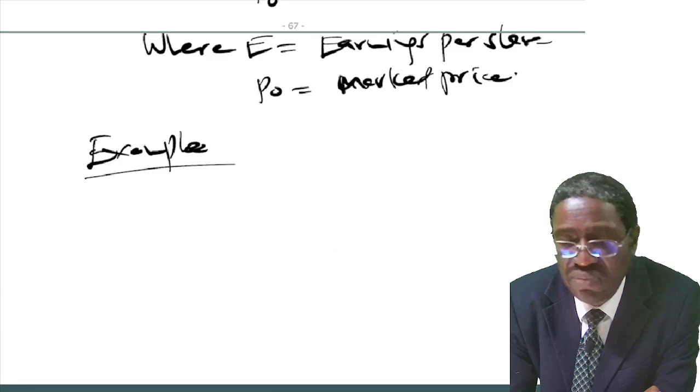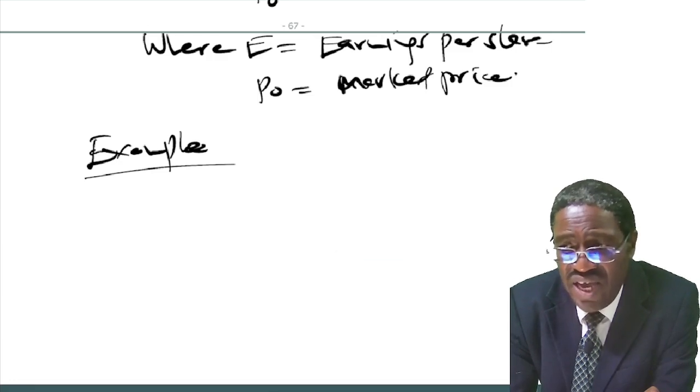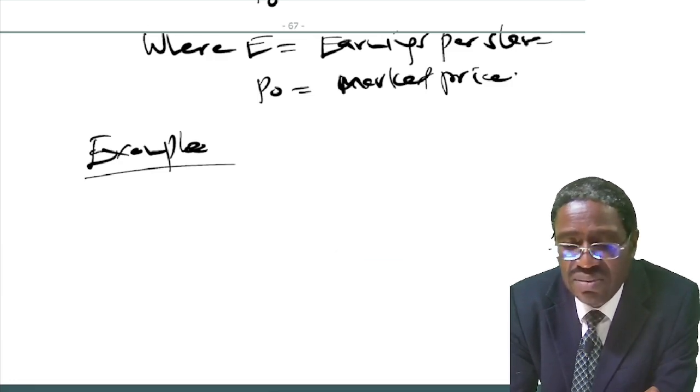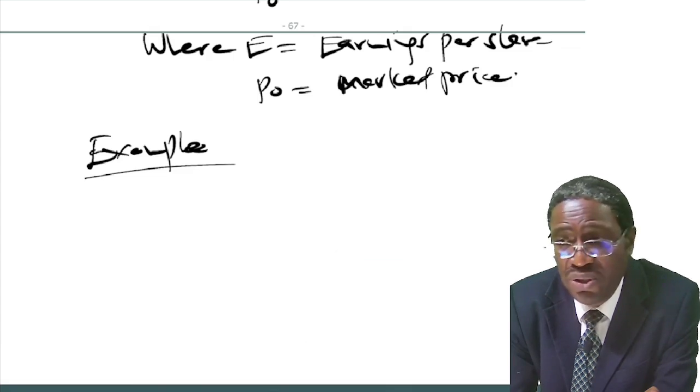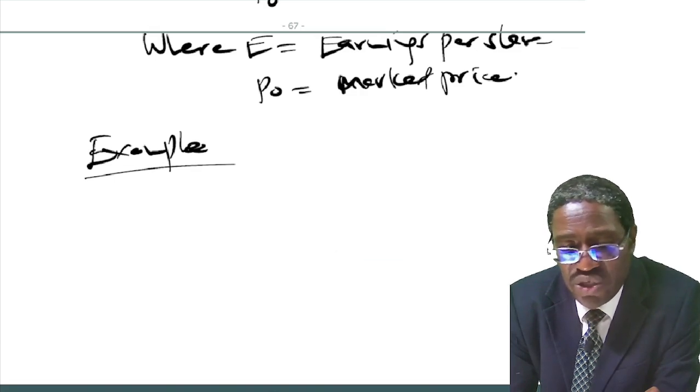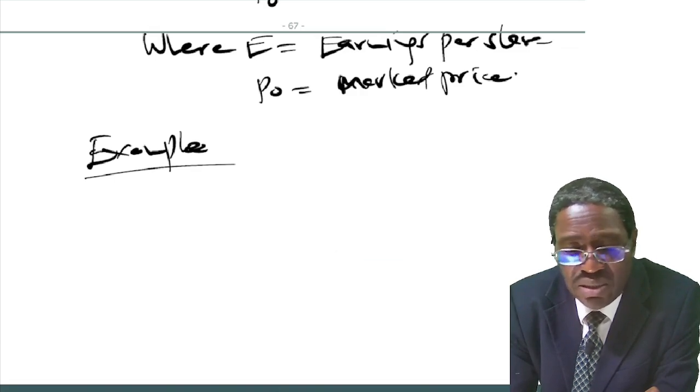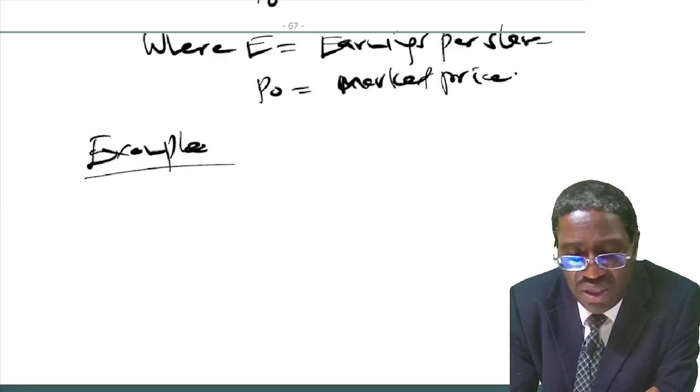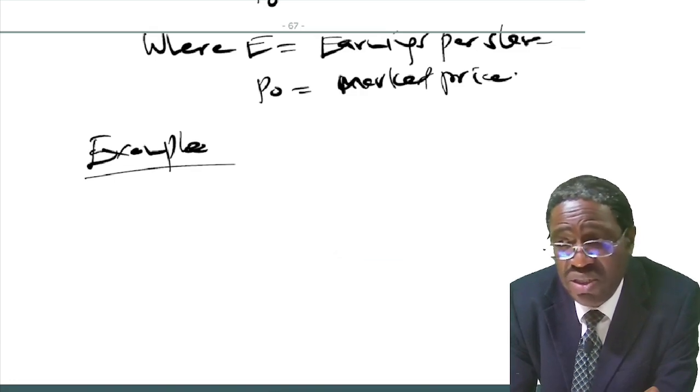The expected dividend at the year end is shillings 14.1 per share, and the growth rate is 5%.